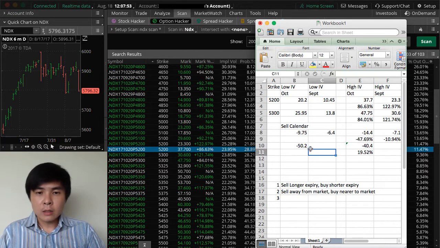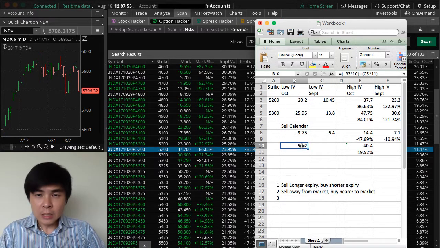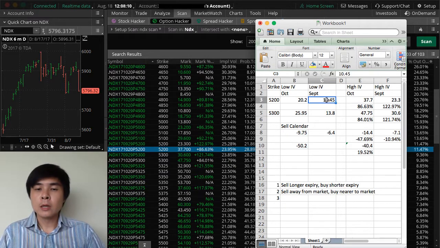Your net is a negative 50. Okay, you have a credit of negative 50. So as time decay goes on, 1 month later or 1.5 months later, you will collect the premium and sell off when the nearer date expires.